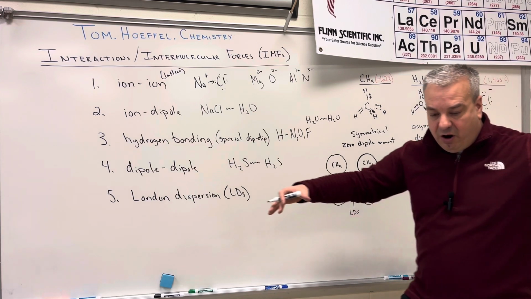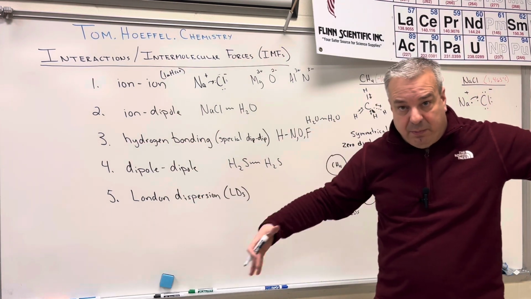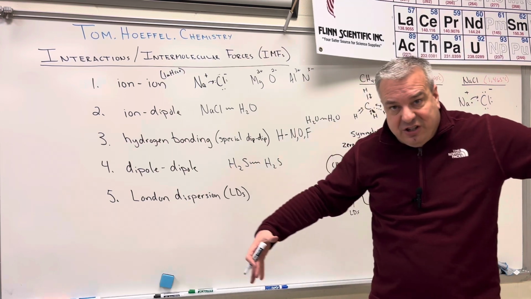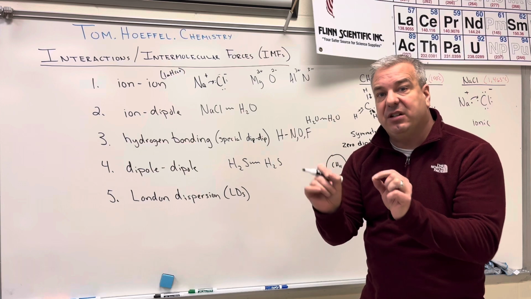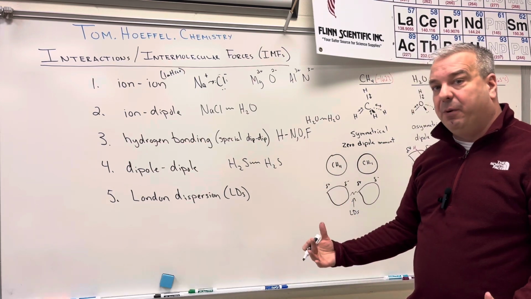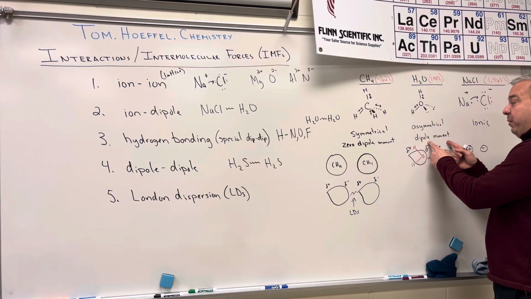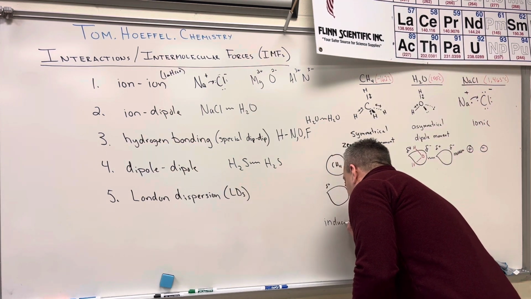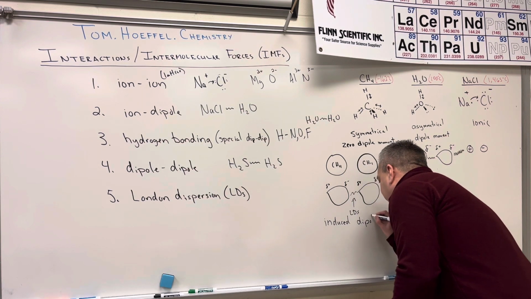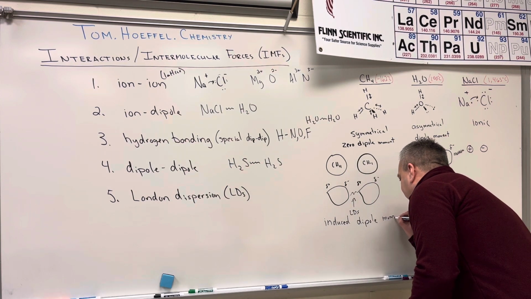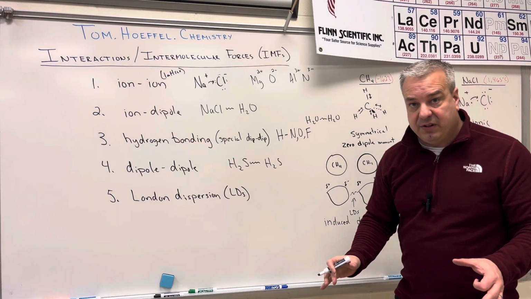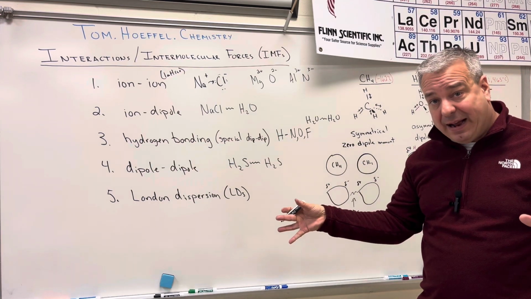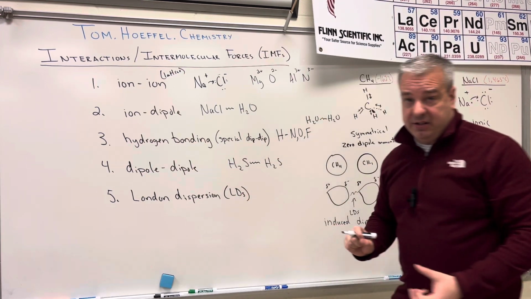So all electron clouds can get distorted a little bit because they're not super rigid or stiff. They can fluctuate just a little bit, and those little fluctuations are called induced dipole moments. So it's not a full dipole moment, it's kind of like an induced dipole moment. And there are some electron clouds that are easier to distort than others. So molecules with more electrons, which is a larger molar mass, will have more London dispersion forces.